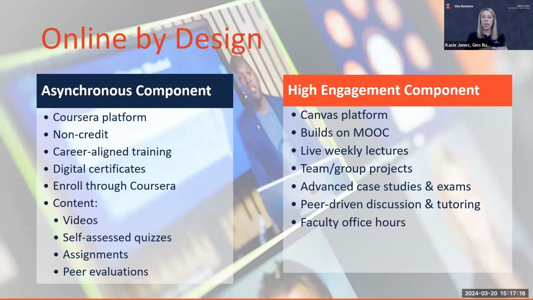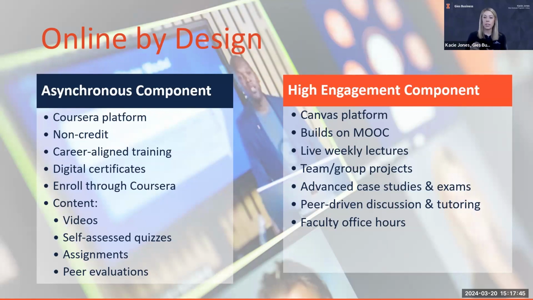In the MOOC, it's self-paced, with some self-assessed quizzes, sometimes peer-reviewed assignments, a lot of recorded video content, as well as some readings. The high engagement component, which comes along with our 4-credit courses in Gies Business, is maybe what you would expect in a traditional lecture if you were sitting here on campus.